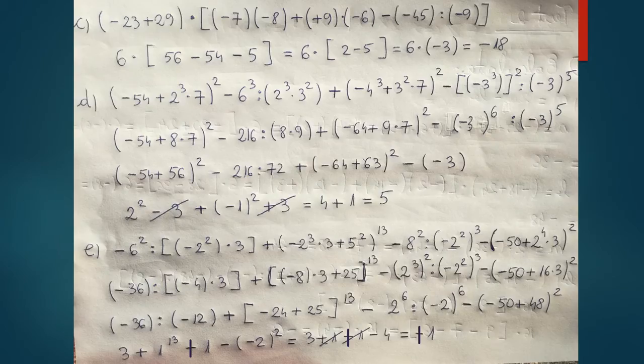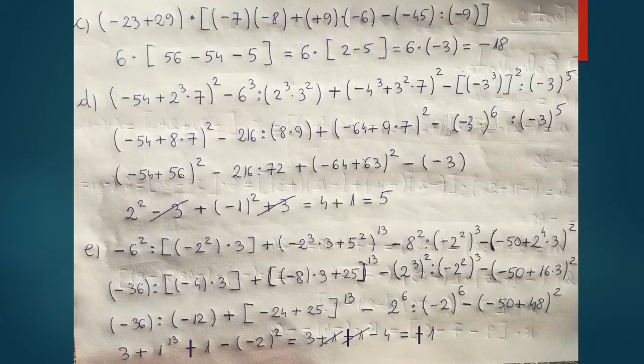Point C, minus 23 plus 29 times minus 7 times minus 8 plus 9 times minus 6 minus 45 divided by minus 9. Again, we do the multiplications and divisions before the additions and subtractions, and we also mind the signs of the result of the product of multiplications and divisions according to the signs of the two numbers.